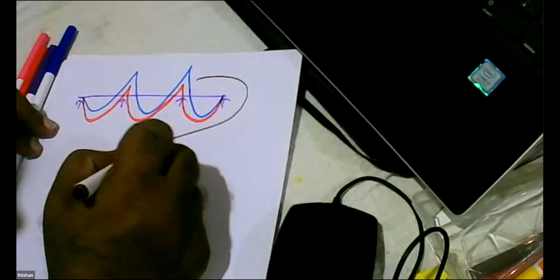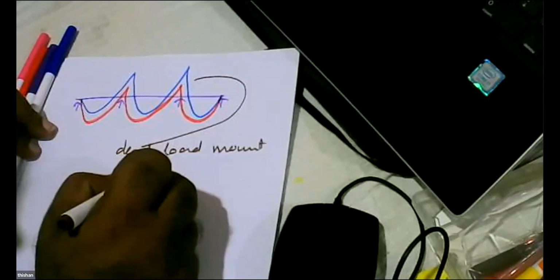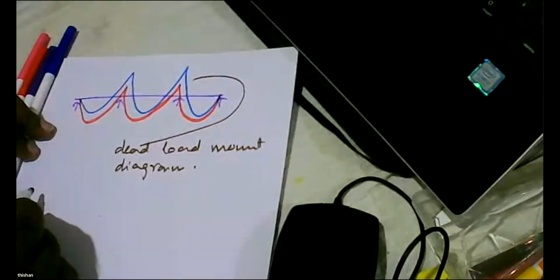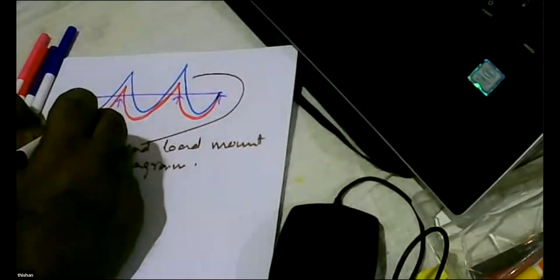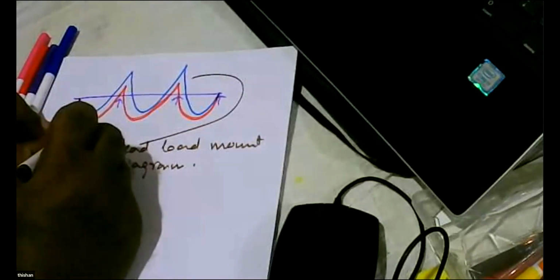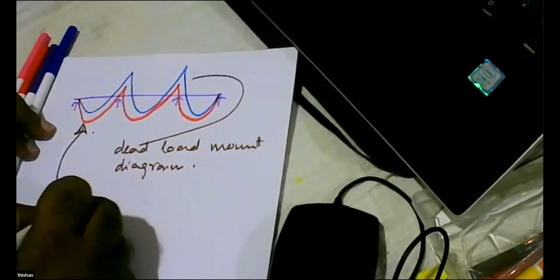Now I did not mention anything, so you would have thought I would have used this as the dead load moment diagram. But what I actually did was I use this for the MB boundary.